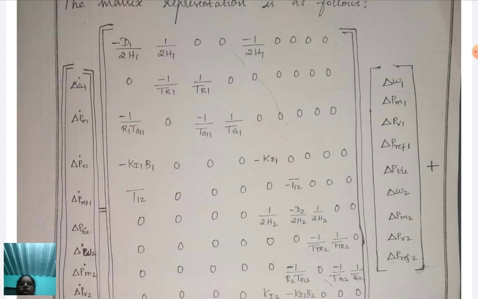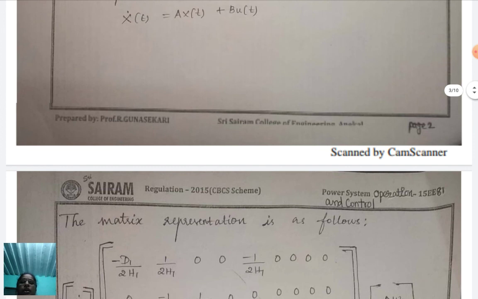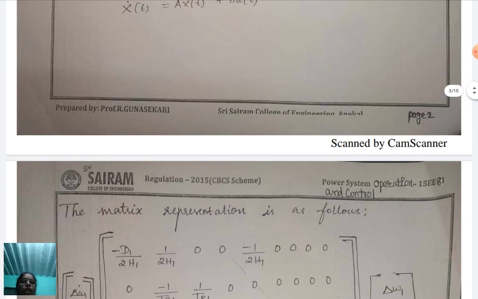The middle one is the A x of t, multiplied with del omega 1, del PM1, del PV1, del P reference 1, del P tie, del omega 2, del PM2, del PV2, del P reference 2. So the equation is x dot of t equals A x of t plus B u of t.